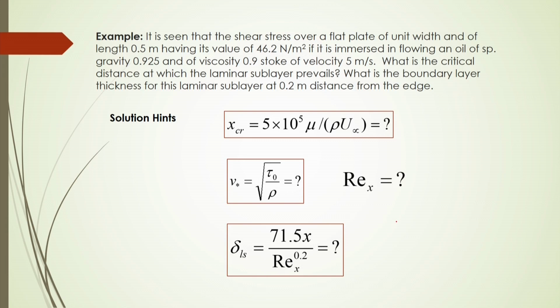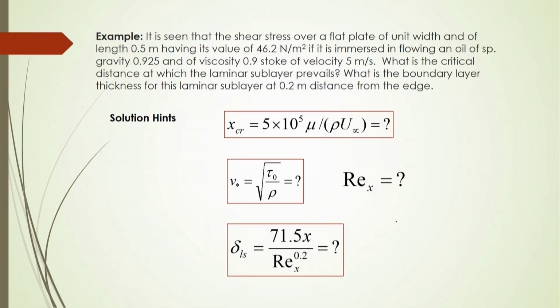Now, let us do an example here. Suppose you are observing the shear stress over a flat plate of unit width and length 0.5 meter, having a value of 46.2 Newton per meter square, and this flat plate is immersed in oil of specific gravity 0.925 and viscosity 0.9 Stoke, with velocity 5 meter per second.